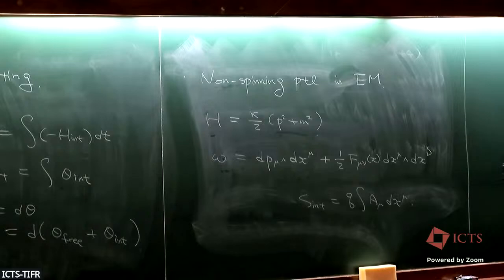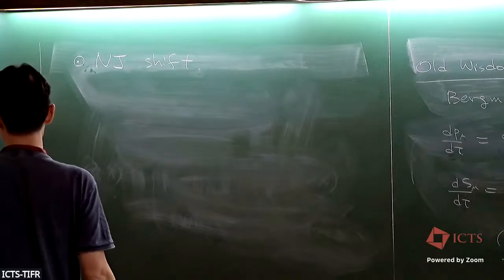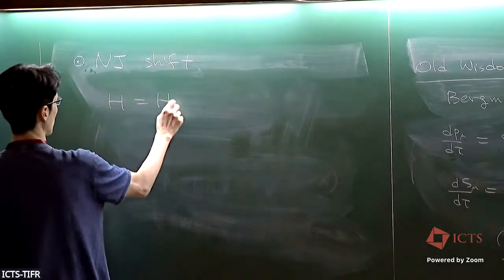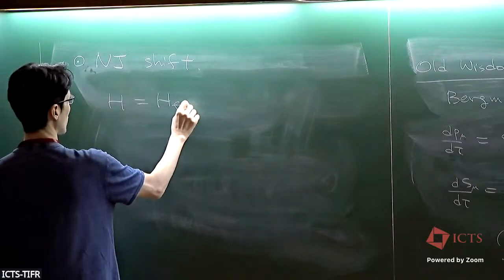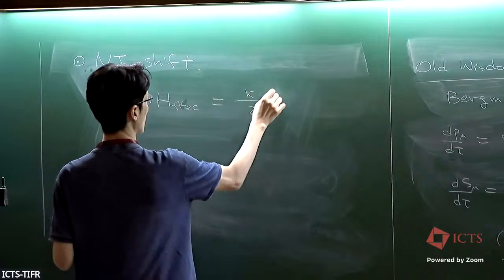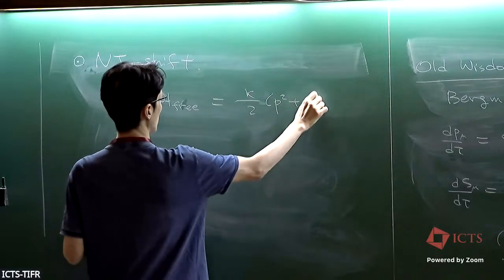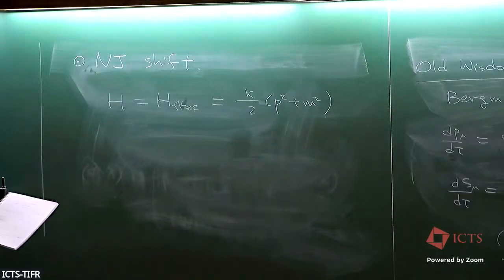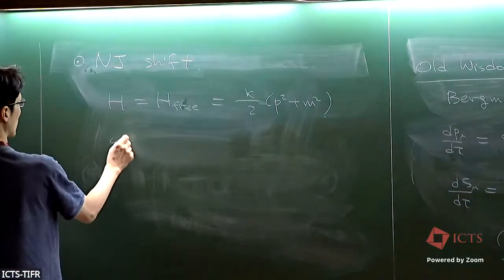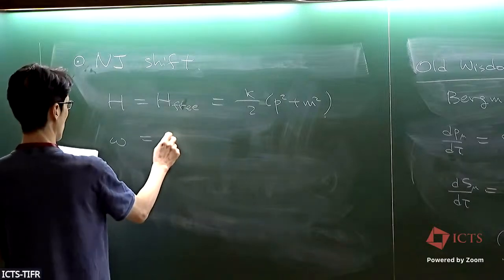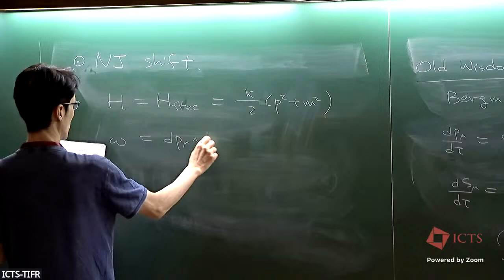So how do we do that? We are following this symplectic deformation viewpoint. So the Hamiltonian is not changed. The same mass shell constraint playing the role of Hamiltonian. Well, what about the symplectic form? The free term is there.